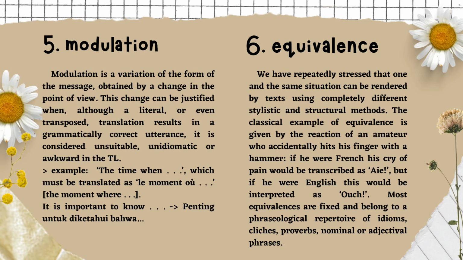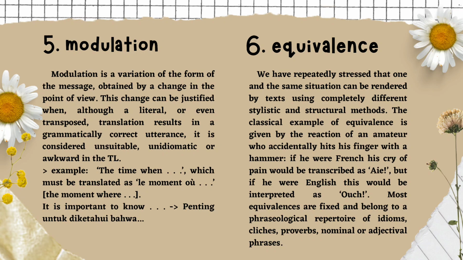This change can be justified when a literal or even transposed translation results in a grammatically correct utterance, but it is considered unsuitable, unidiomatic or awkward in the TL. Example, the time when, which must be translated as le moment où, or the moment where. And it is important to know, atau penting untuk diketahui bahwa.